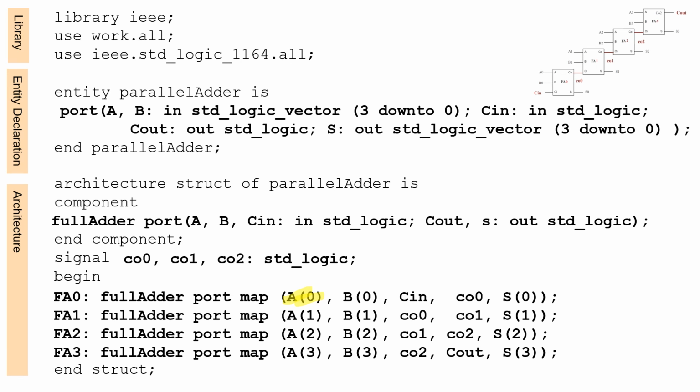Next, we're defining FA1. FA1 is of type full adder as well. And then we'll say port map. The inputs are A1, B1, and Cout0, which is the carry out of FA0. So these two values are the same. Let's use a different color.